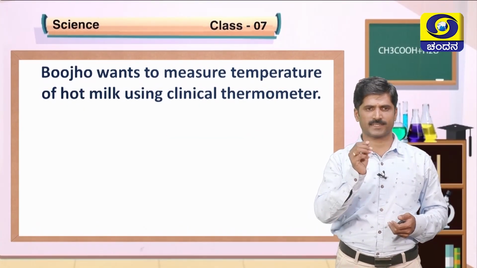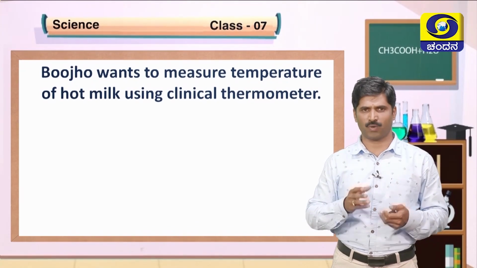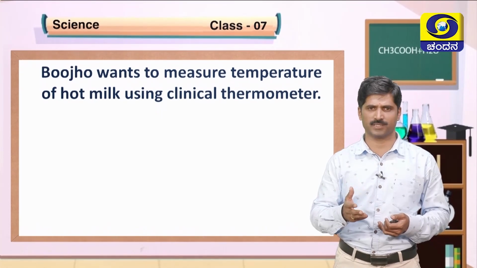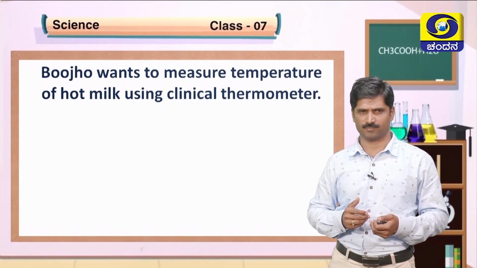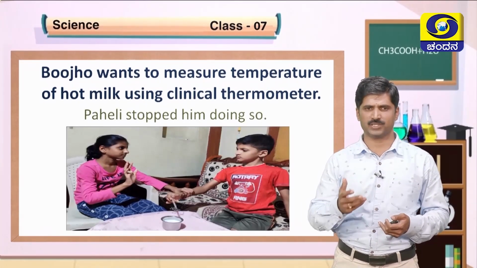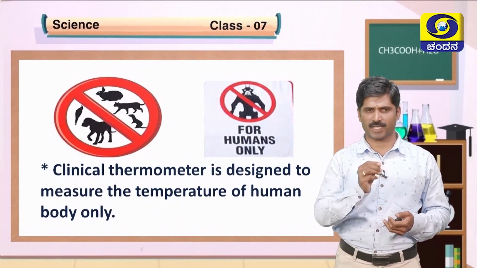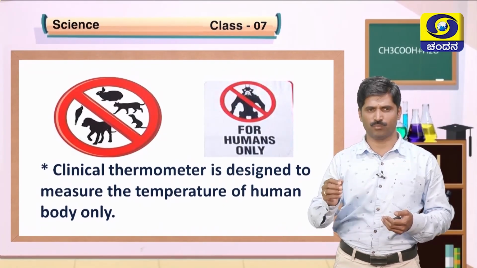Now, Bujo has a crazy idea. He wants to measure the temperature of hot milk by using a clinical thermometer. But Paheli stopped him from doing so. A clinical thermometer is designed to measure the temperature of the human body only.